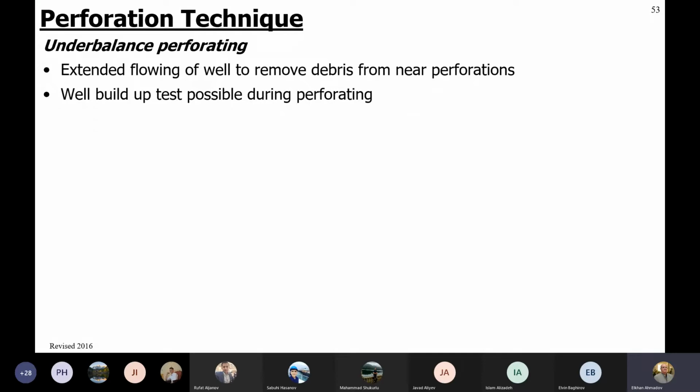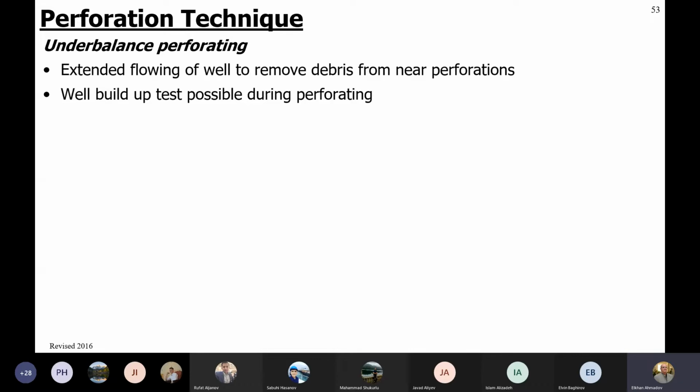The next classification, as we mentioned before, is the perforation technique, or at which pressure conditions we do the perforations. The first one we are going to consider is underbalance perforating. Here we have extended flowing of the well to remove debris from near the perforations.